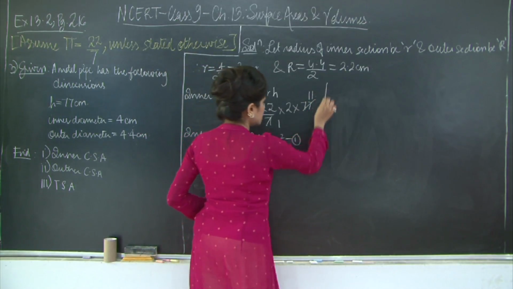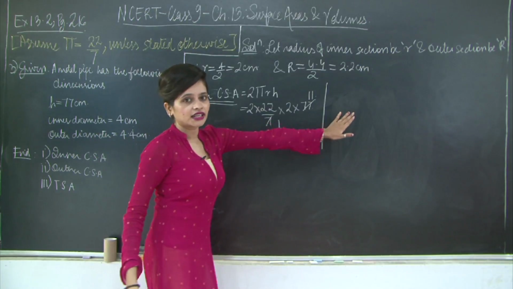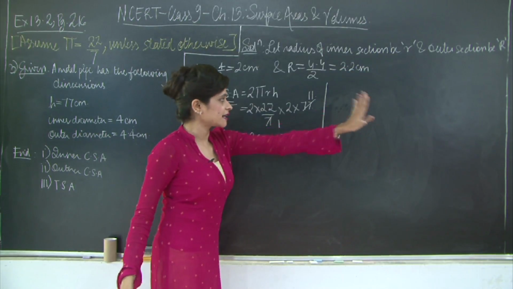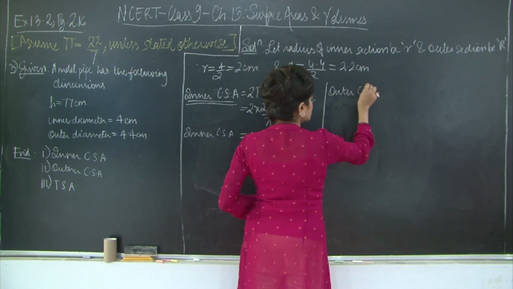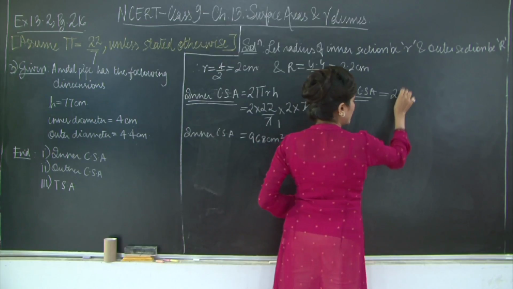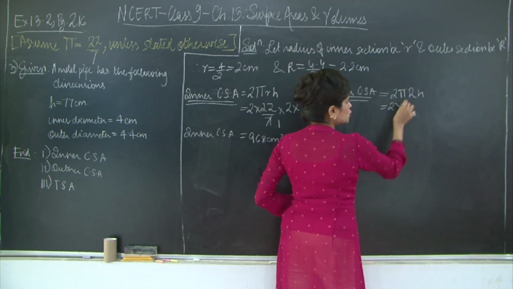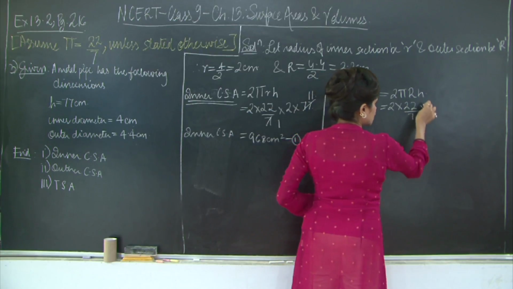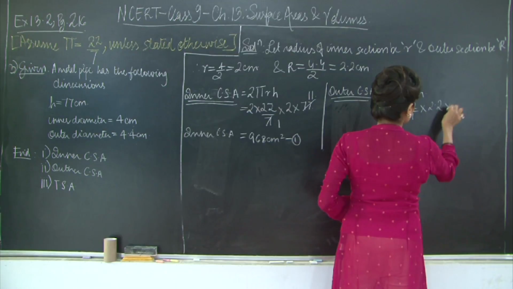Now we will find the outer curved surface area side by side. So the outer curved surface area is going to be equal to 2 pi capital R into h, which is 2 into 22 upon 7 into 2.2 into 77.